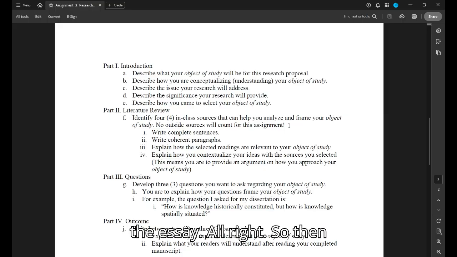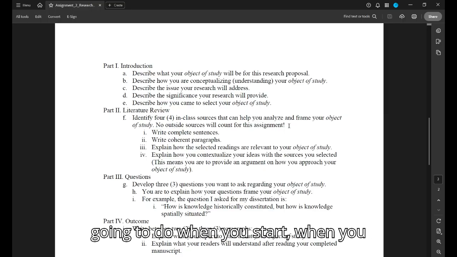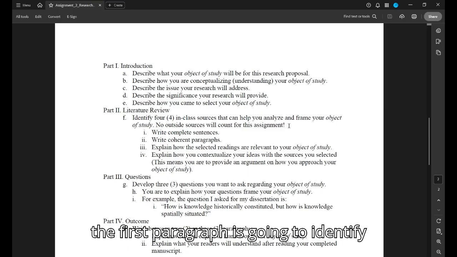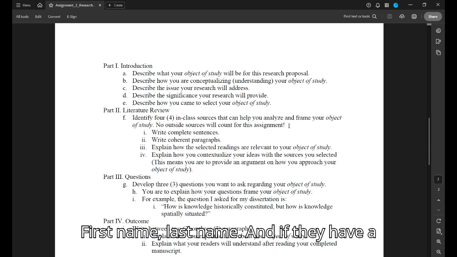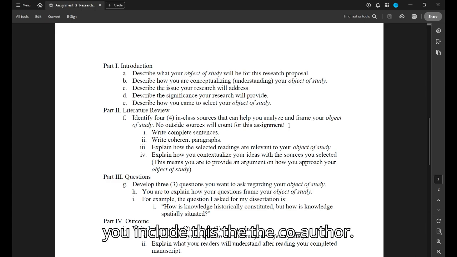All right. So basically when you begin writing out the literature review, the first paragraph is going to identify what the four sources are. And as I mentioned in class, the first time you ever mention an author, you write their name out completely, first name, last name, and if they have a co-author, you definitely make sure that you include the co-author.